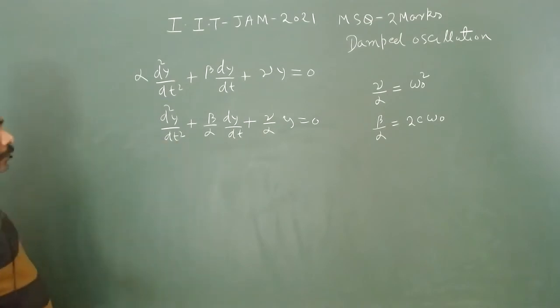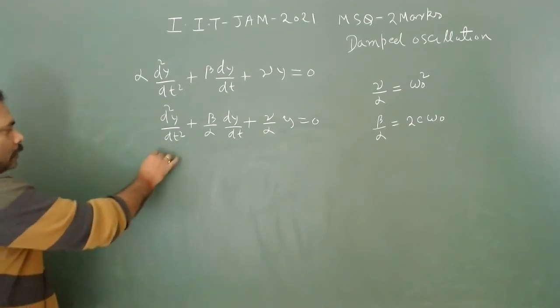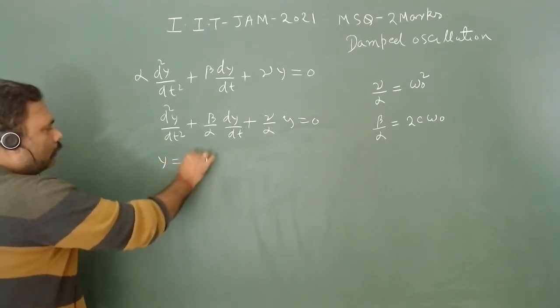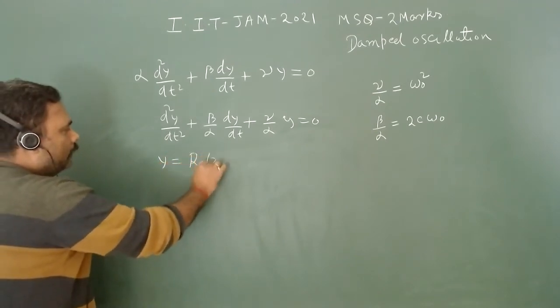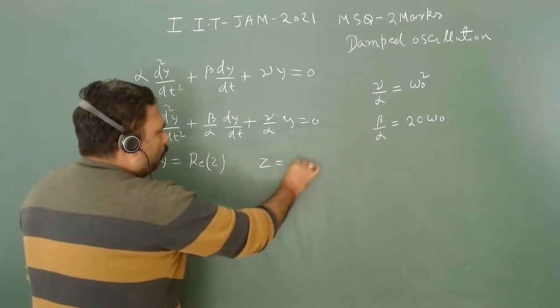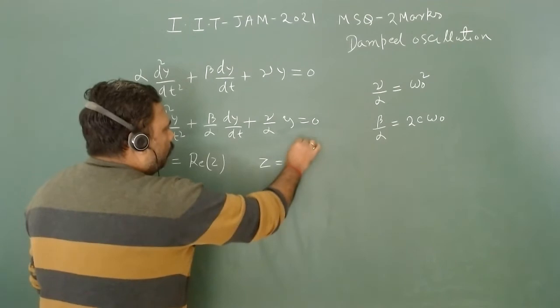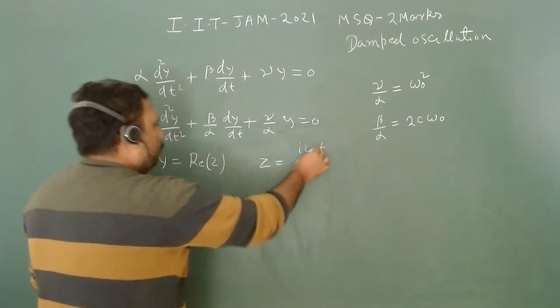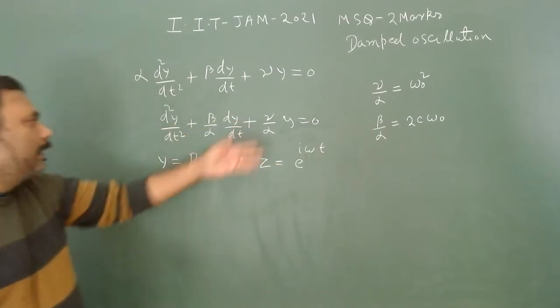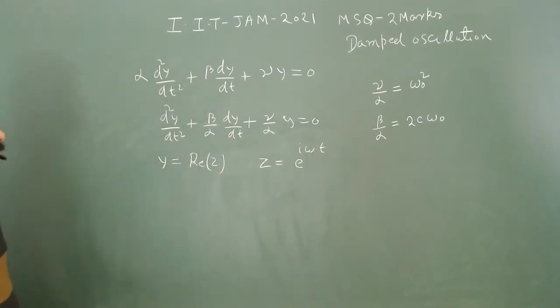Obviously, the solution is oscillatory in nature. So y can be the real part of some complex function, and I can assume that this complex function is e to the power i omega t. If I get the value of omega, then I can easily get the solution.